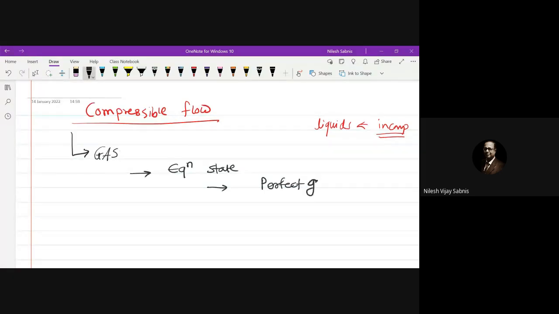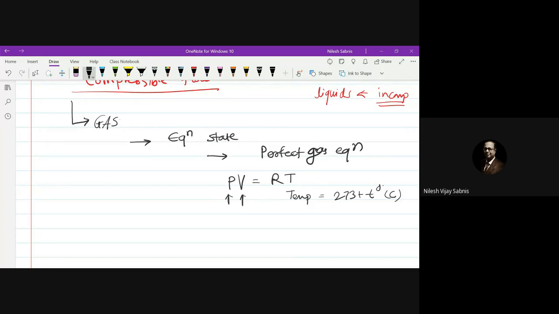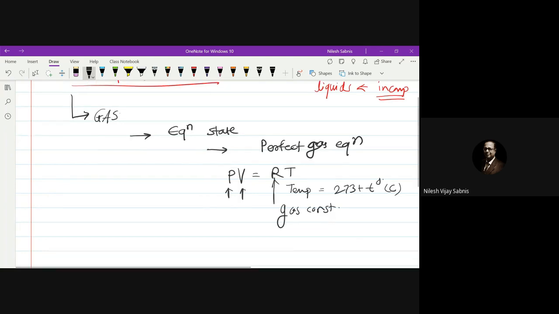So you know this perfect gas equation. Most of the time you might have used PV = RT, where P is the pressure, V is the volume, T is the temperature in Kelvin, that is 273 plus degrees Celsius, and R is the gas constant. This you might have used in the 12th, and which is nothing but 287 J/kg K for air.